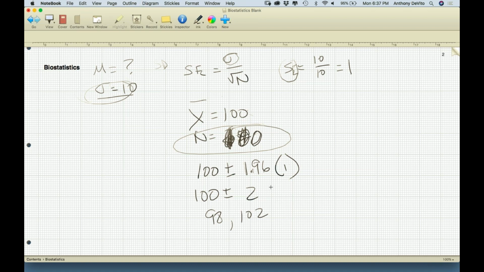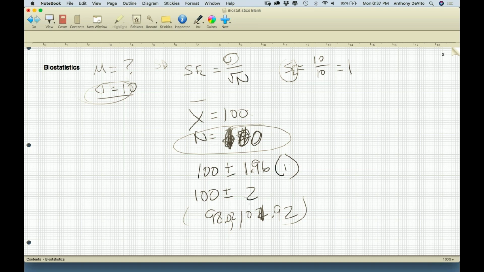If you want to be more accurate, it's really going to be 98.02 to 102, 101.92, I think, right? Yeah, I think I'm right. Okay, 101.92.